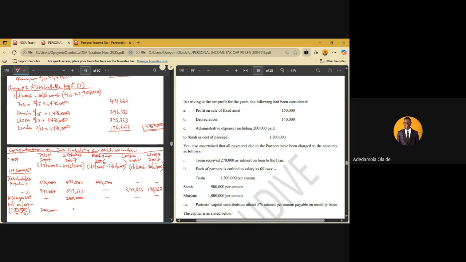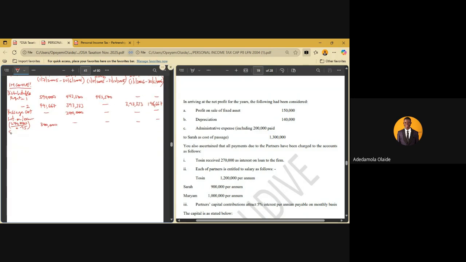Then salary. We have 1.2 million salary per annum. For Sarah, 900,000.